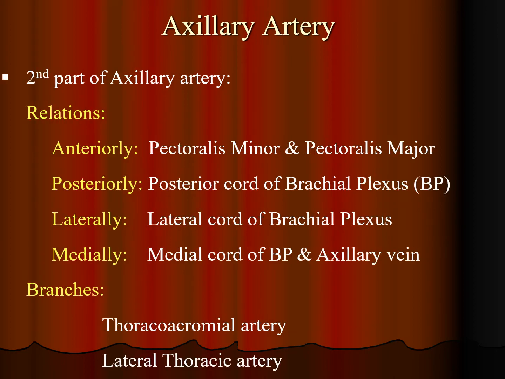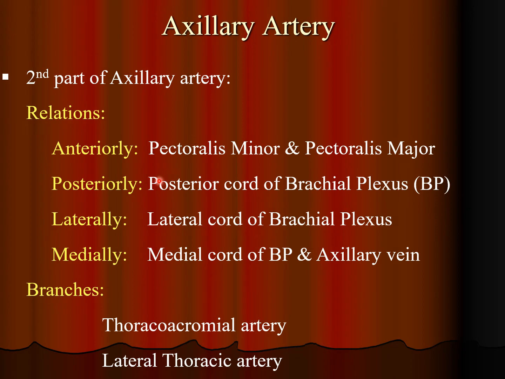So as we are discussing the second part of axillary artery, anteriorly pectoralis minor and pectoralis major are present. The part of axillary artery which passes below pectoralis minor is the second part. Both muscles are lying anteriorly.